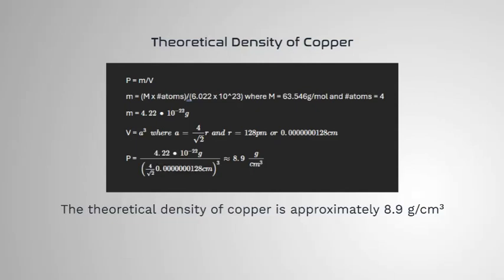In this case, V equals a cubed because it is a cube, where a is equal to 4 over radical 2 R, and our R for copper is 128 picometers. So the density is 4.22 times 10 to the negative 22nd grams over 4 over radical 2 times that number for the radius, cubed. And this equals 8.9 grams per centimeter cubed.